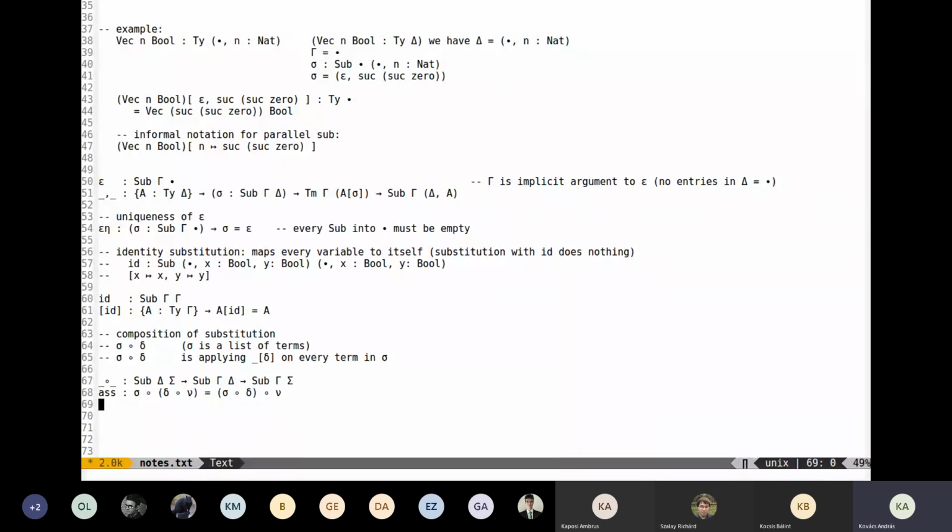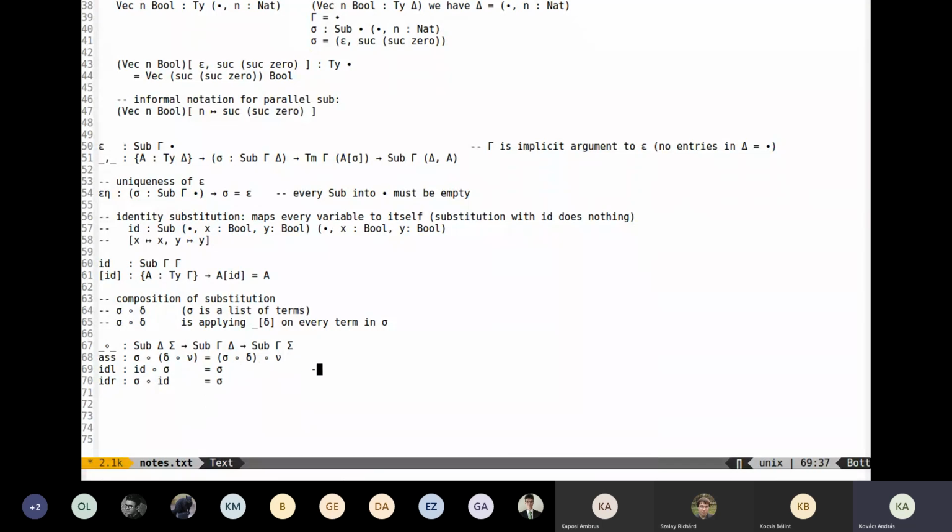And we also want composition to be unital with respect to identity substitution. So we have this left identity rule, which says that if we compose ID with anything, then we get back anything. And we also have the right identity rule, which goes as we expect.